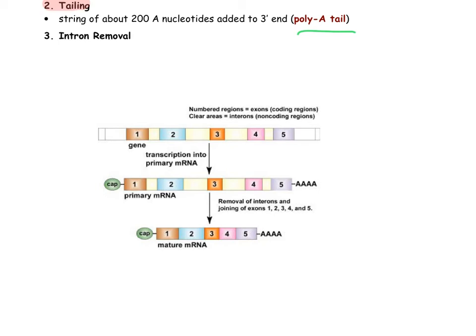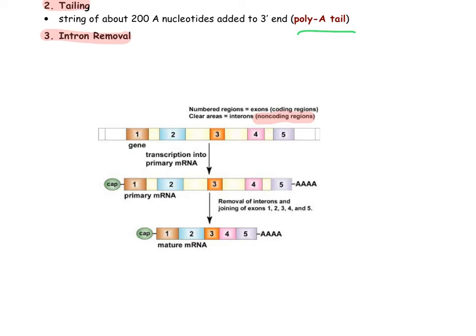Now, the final thing that needs to happen is that we have these things called introns that need to be removed. So what is an intron? Well, an intron is essentially the name that we give to the non-coding regions of our mRNA.